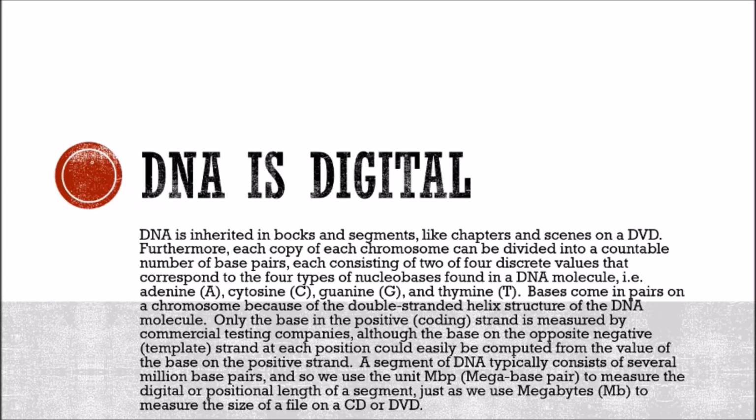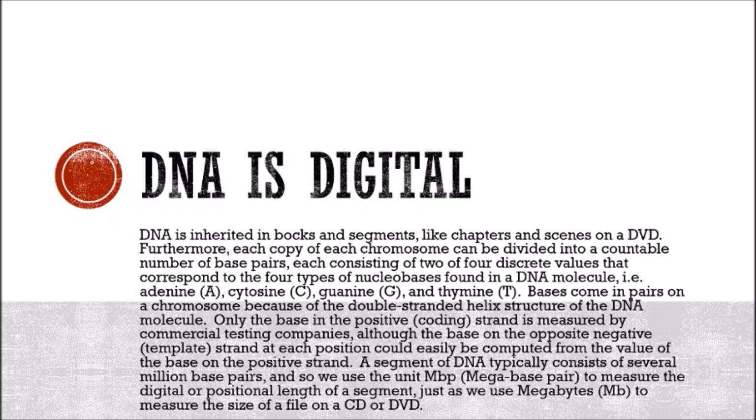What I'm talking about is within the paternal copy, for example, there are two strands. Only the base in the positive coding strand, that's what it's called, is measured. It's one of the strands. It's the strand that codes by interacting with proteins in a biological situation. But only the base in the positive strand is measured by commercial testing companies.